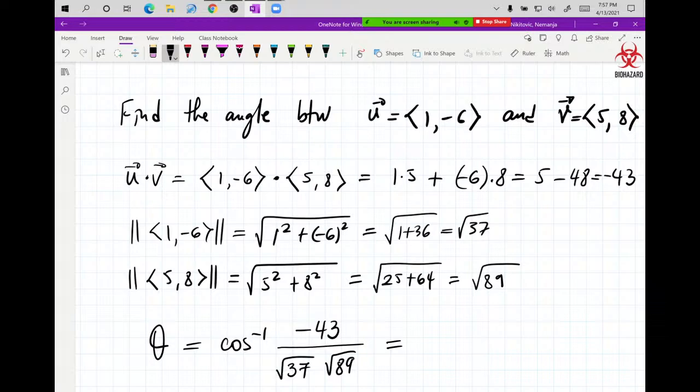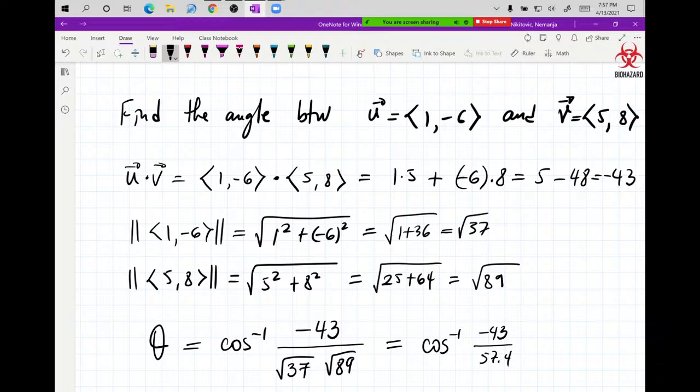You can either go by each component individually, or I'm going to multiply and take the square root to get the value in the denominator. So that's going to be the square root of 37 times 89, and that's 57.4.